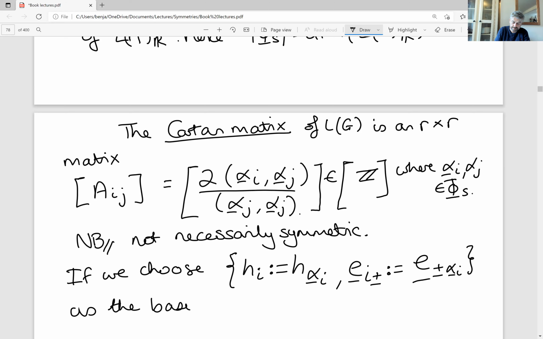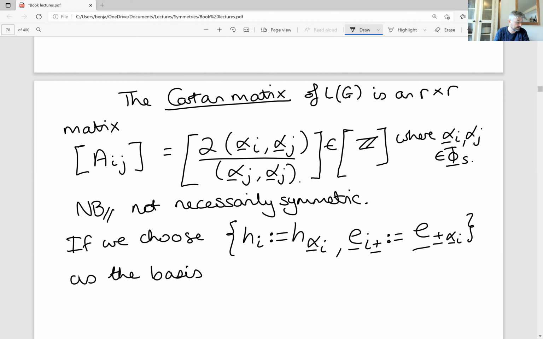So we have this new notation for the basis really.